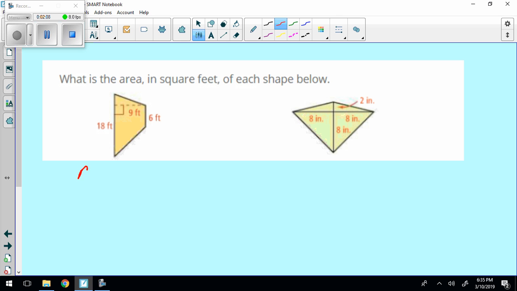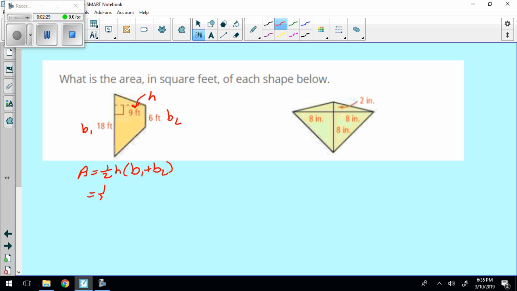And the area of a trapezoid is 1/2 times the height times the sum of the 2 bases. The bases are the parallel lines. So in this case, the 2 bases are 18 and 6, and the height is 9.